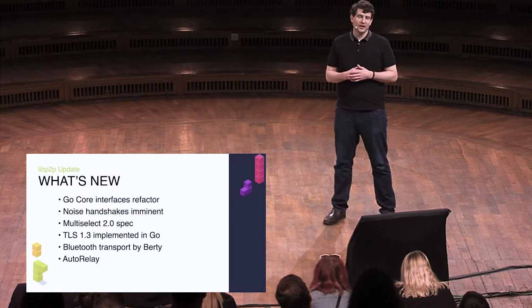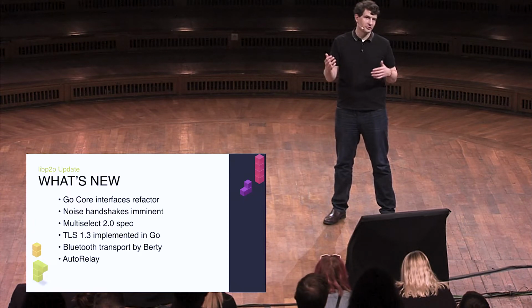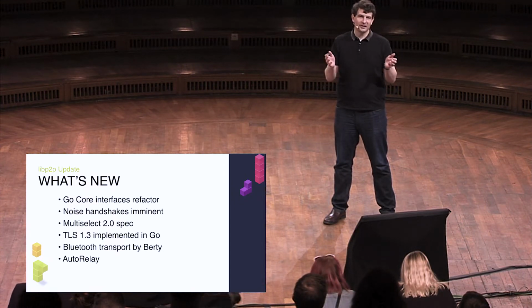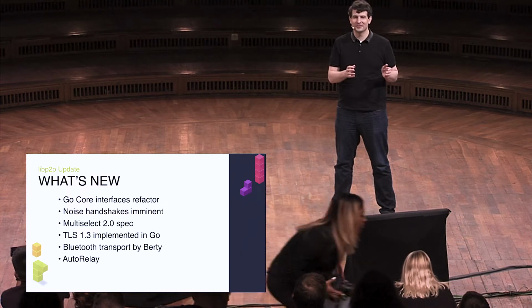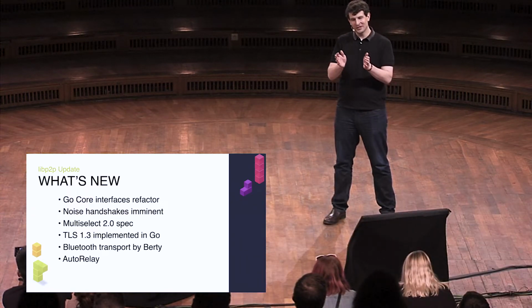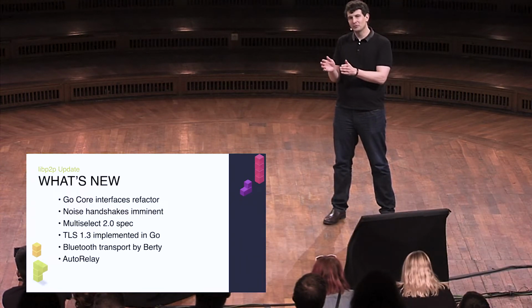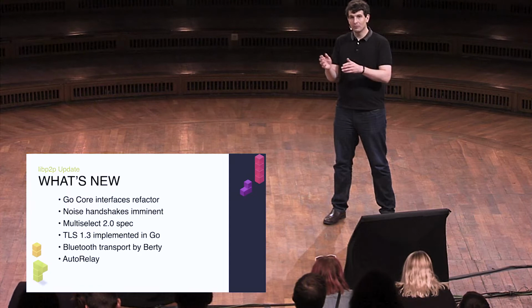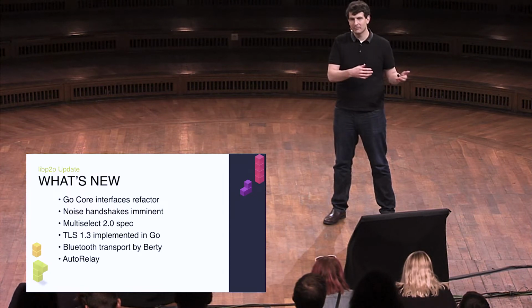We also refactored the Go core interfaces, which used to be spread across a dozen or more repos. And we used Go type aliasing very cleverly to put those interfaces all in one repository, called Go libp2p-core, but in a backwards compatible way, so without breaking existing code.